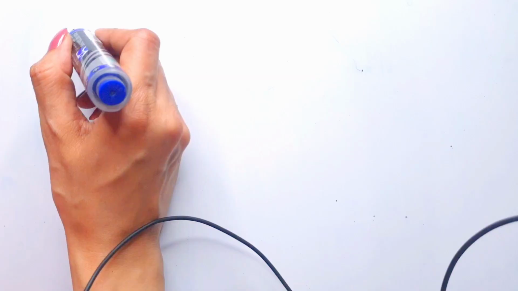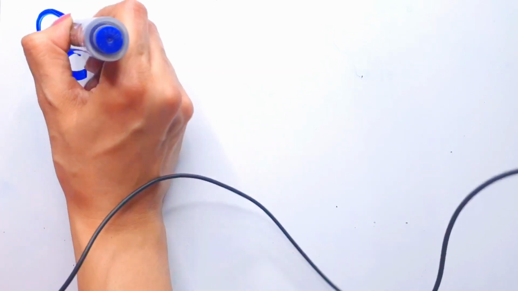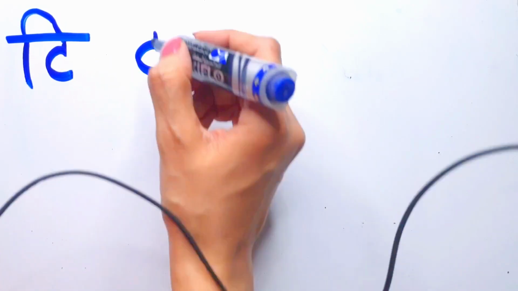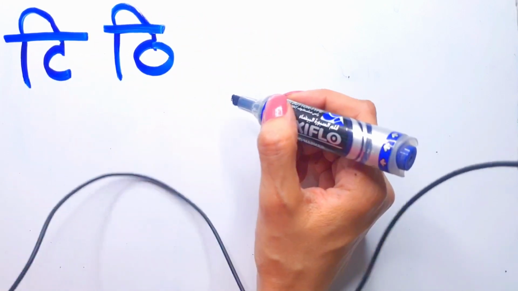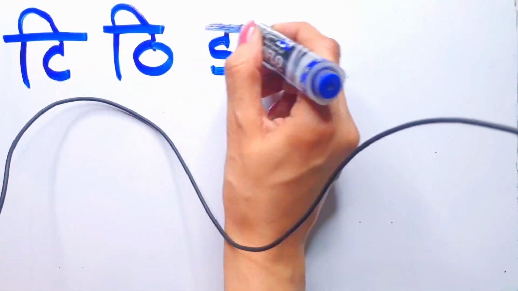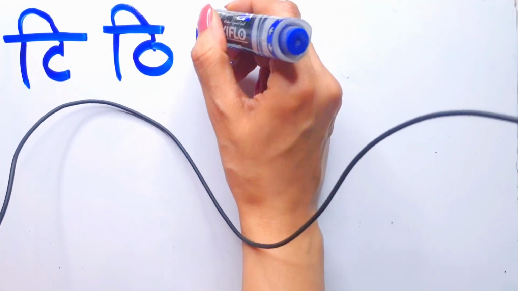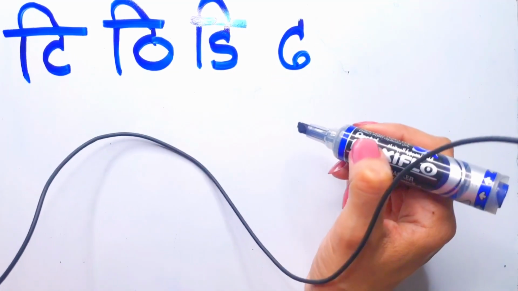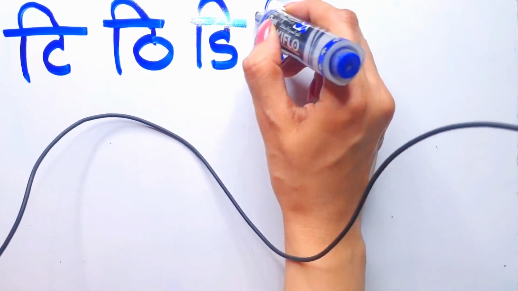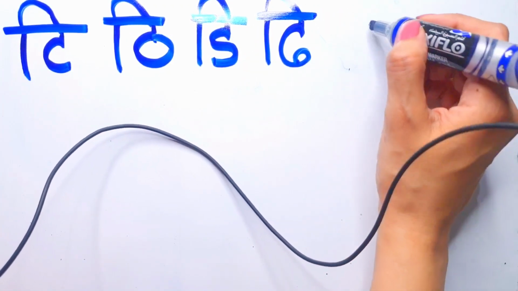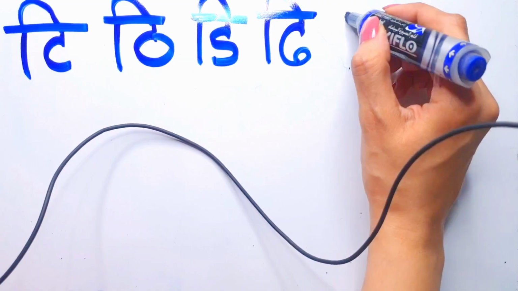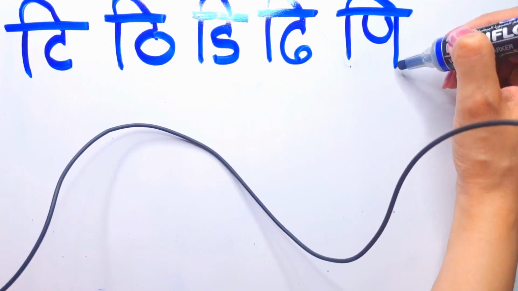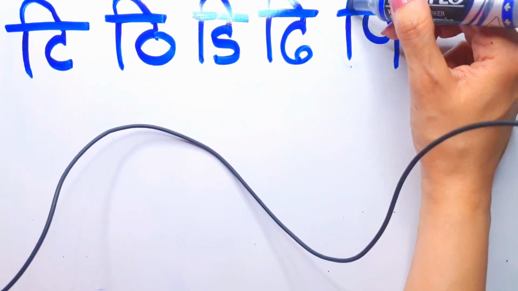So if you have ta with the matra, it will be like this: ti, tha, thi, da, di, dha, dhi. And ra, ni. Right? It will always go with the vertical line. The curve will end with the vertical line.